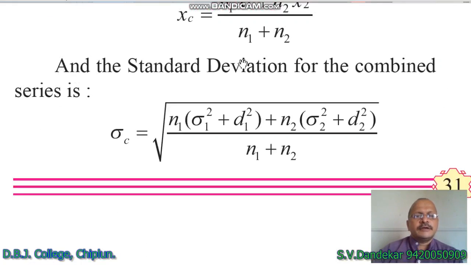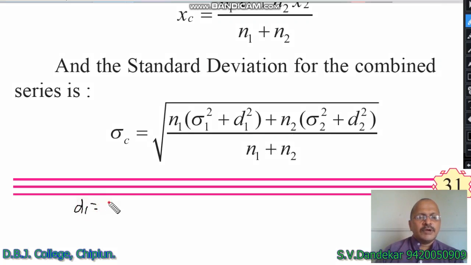and the standard deviation for the combined series, sigma c, sigma combined, is equal to square root of n1 into bracket sigma 1 square plus d1 square plus n2 into bracket sigma 2 square plus d2 square, completely divided by n1 plus n2, where d1 is equal to x1 bar minus xc bar and d2 is equal to x2 bar minus xc bar.